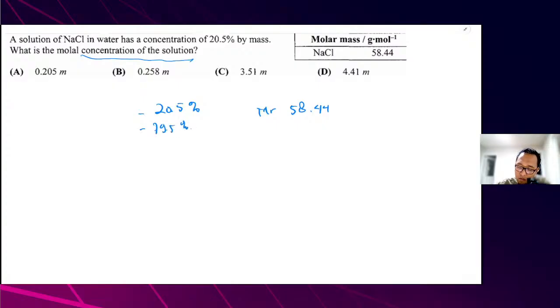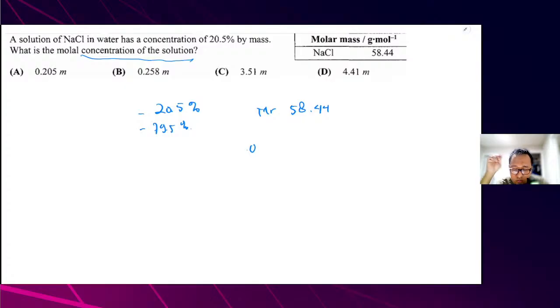So if we assume this one, what is the molar concentration of the solution? This is the mass, in gram per ml. 79.5 divided by 58.44.